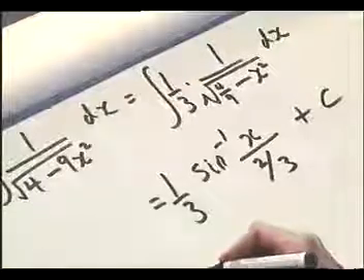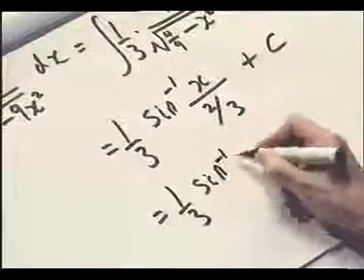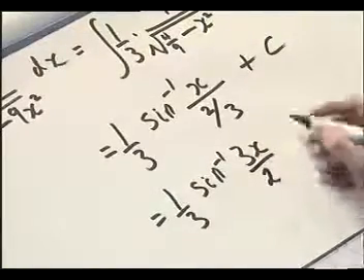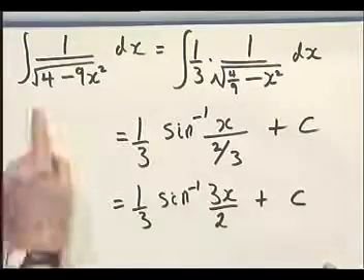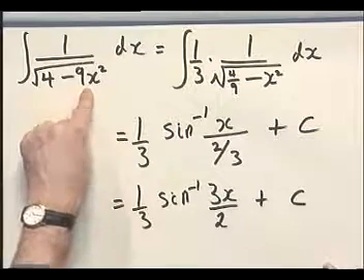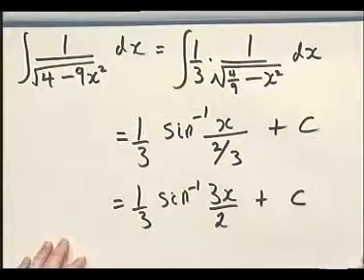Dividing by a fraction, we know how to do that. We invert the fraction and multiply, which gives us sine to the minus 1 of 3x over 2 plus c. So we see we can do these quite easily by trying to get that coefficient of x to be 1 and not the number that's actually there.